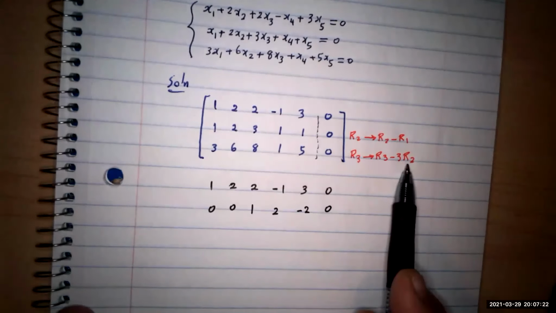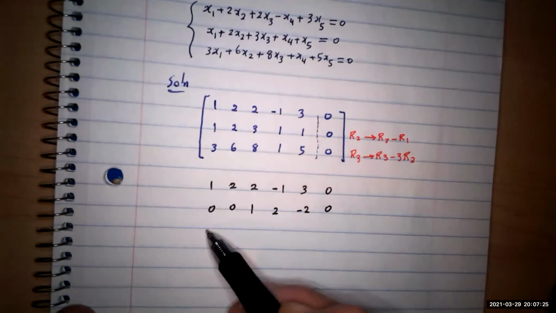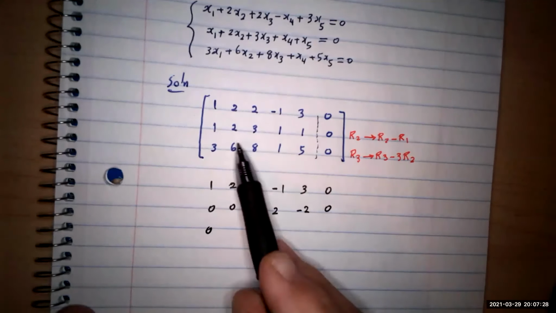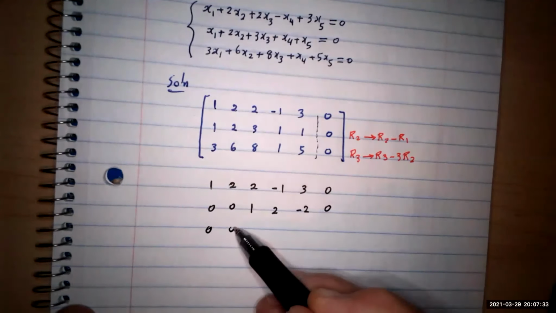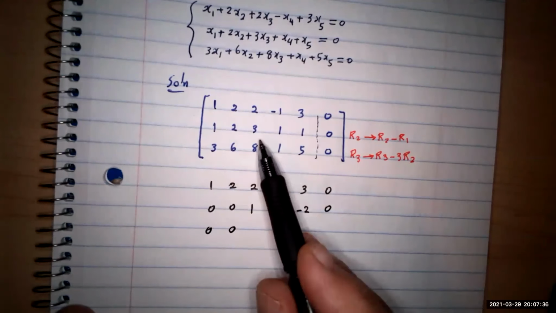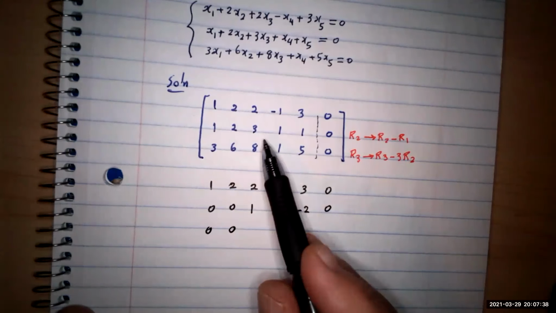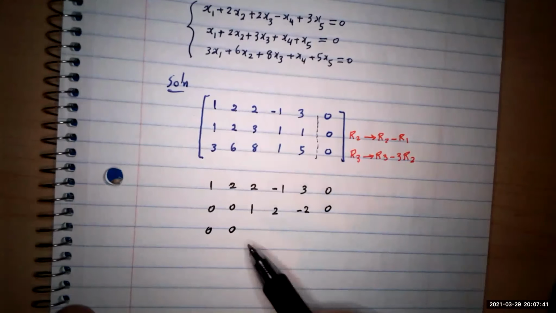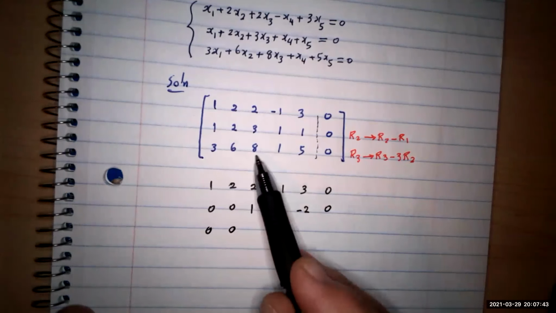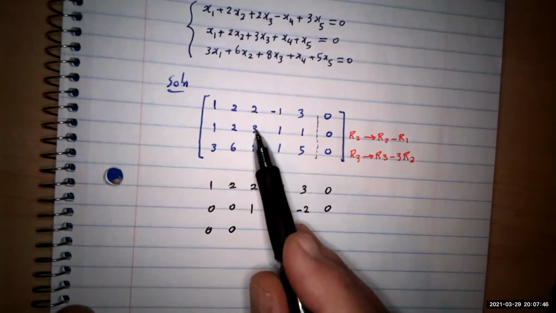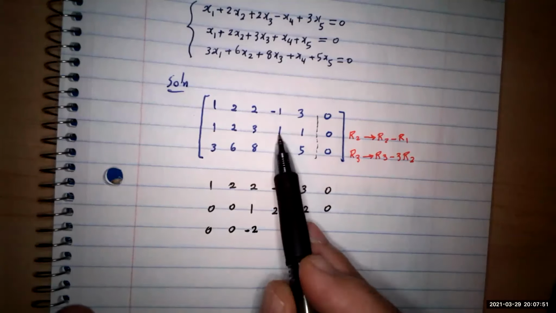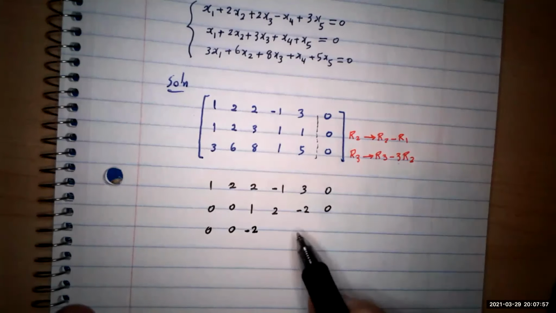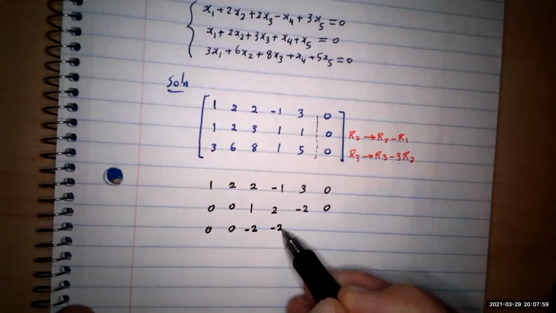Now R3 minus 3R2 gives 0, 0, then 3R2 makes it 6, so this would be a -2 here. Then 3R2 gives another -2 here.